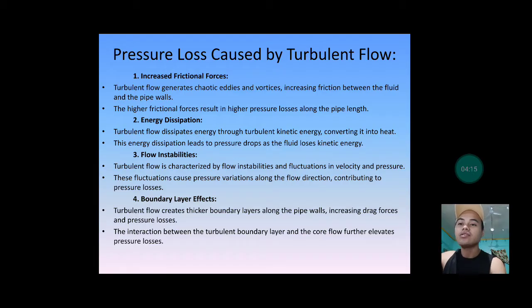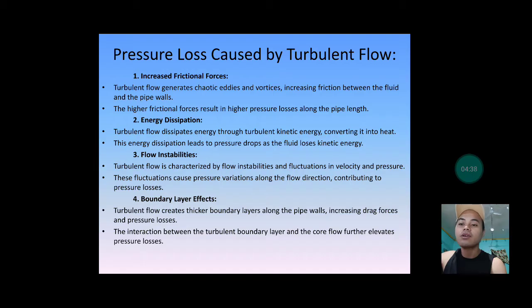kinetic energy. Pressure loss caused by turbulent flow is also number 3, flow instability. Turbulent flow is characterized by flow instabilities and fluctuations in velocity and pressure. These fluctuations cause pressure variations along the flow direction, contributing to pressure losses also. Next, the boundary layer effect.